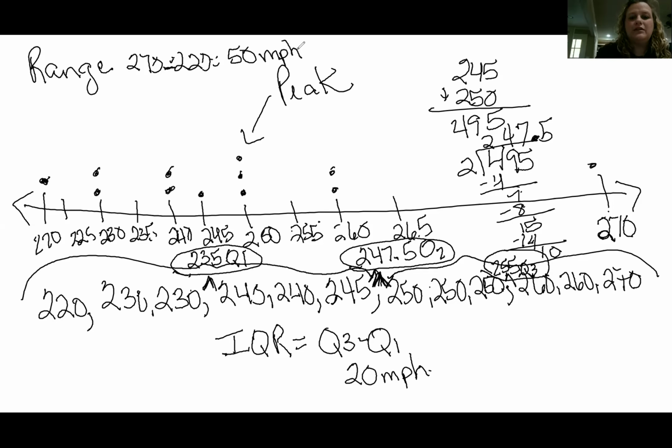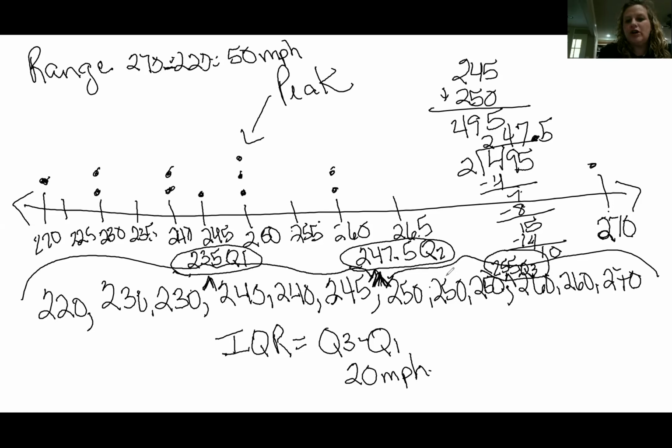The peak is 250. The median is 247.5, also known as quartile 2. Then quartile 1, which is halfway between the median and the beginning, is 235. Quartile 3, which is halfway between the median and the end, is 255.